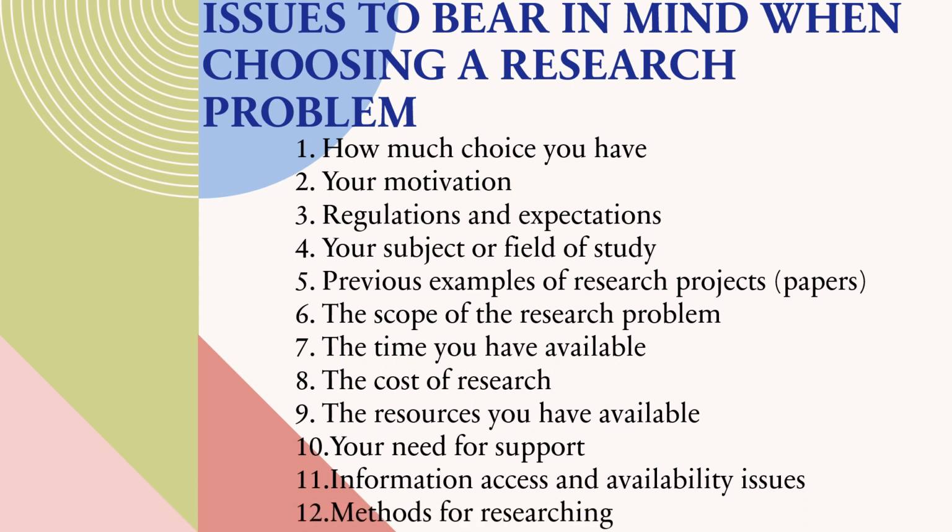And then lastly, you need to consider the methods for researching. So the problem that you are proposing to research, do you have adequate available methodology to research that particular issue? Also, this reminds me of another student who was interested in researching the effect of alcohol on the production of antidiuretic hormone.